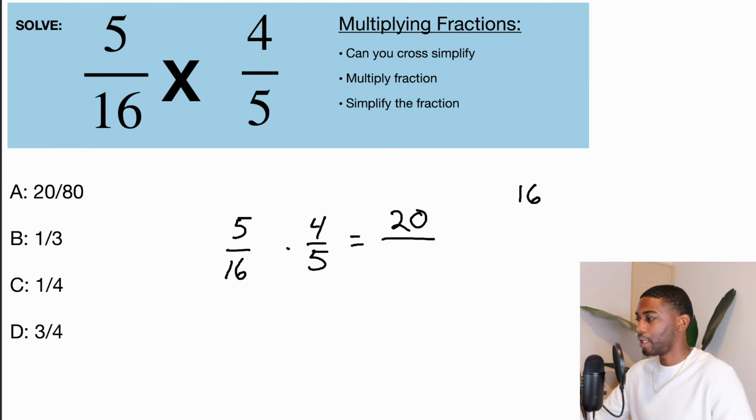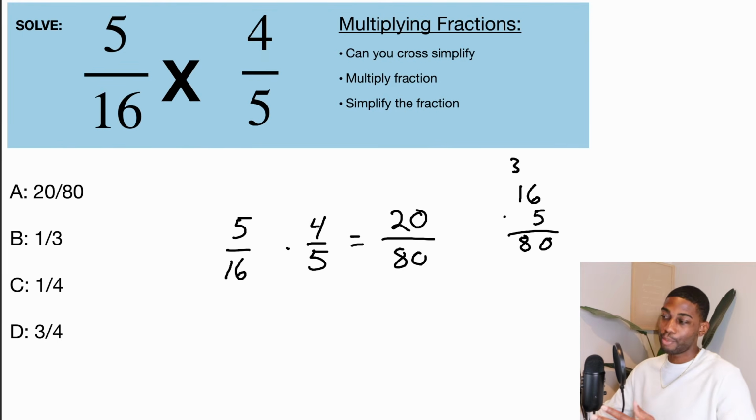16 times 5. 5 times 6 is 30. Carry the 3 up top. 5 times 1 is 5 plus 3 is 8. Okay, 80 would be your answer. And then on top of that, this one again is kind of pretty for us, but you would still have to simplify 20 over 80, you know?